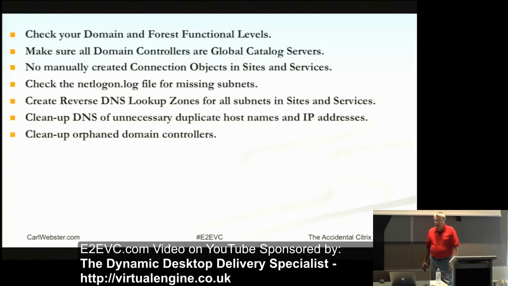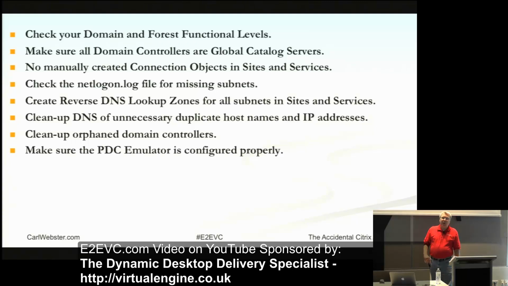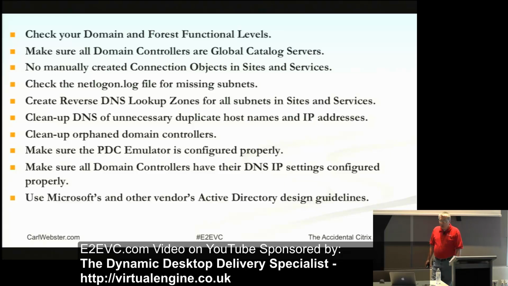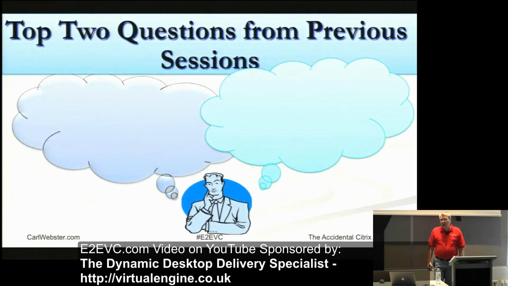We create reverse DNS lookup zones for all subnets that we create in sites and services. We clean up DNS of unnecessary duplicate host names and IP addresses. We clean up orphaned domain controllers, make sure the PDC emulator is configured properly to be the authoritative time service, and make sure all domain controllers have their DNS IP settings configured properly.